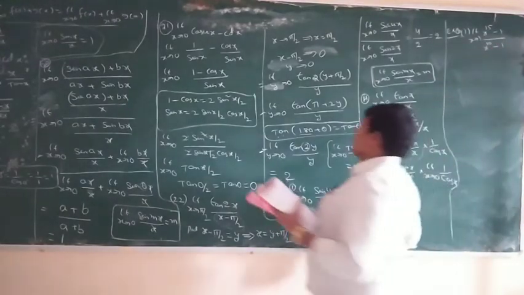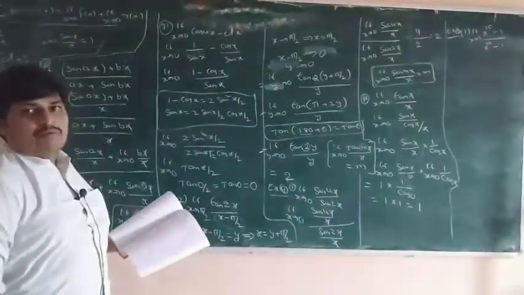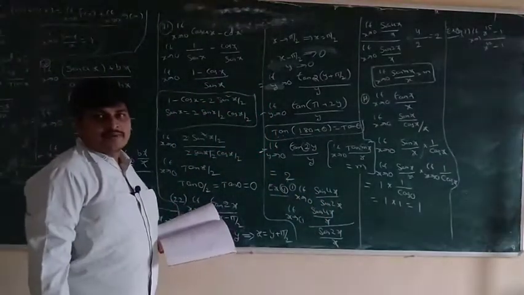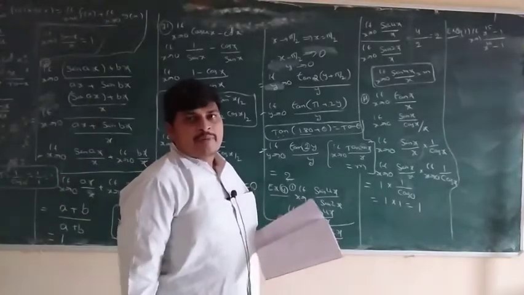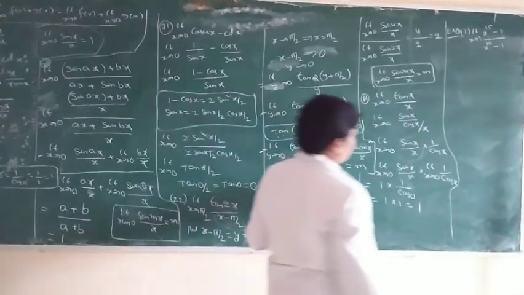This is the direct formula. Limit x tends to a, x power m minus a power m by x power n minus a power n is equal to m by n into a power m minus n.